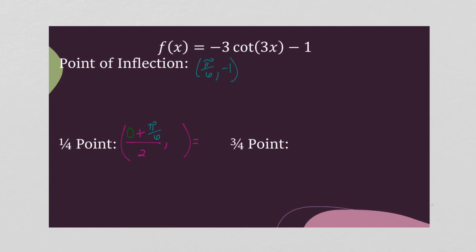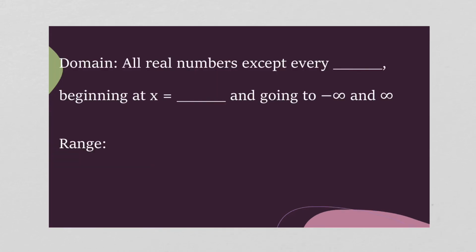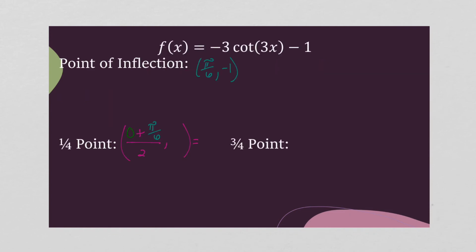Or you could just look at your graph. What is halfway between 0 and pi over 6? It's pi over 12. So pi over 12 will be your x value.